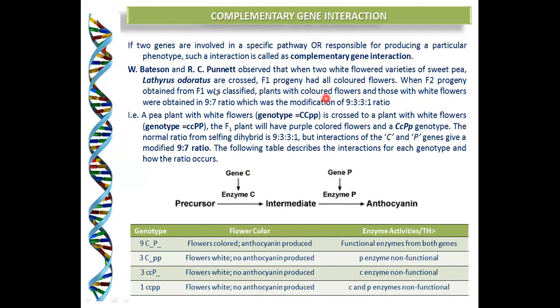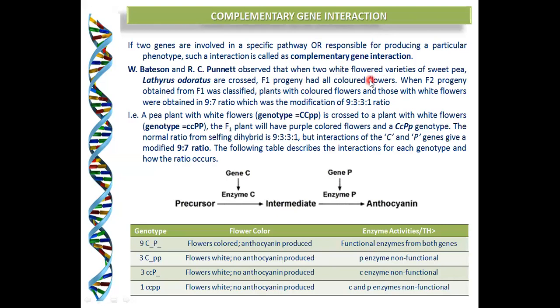The reason is that 9 plus 7 becomes 16, and 9:3:3:1 also adds up to 16. Both values are the same, so this is the modification of this ratio. Now how did this happen? The parents were white colored flowers.